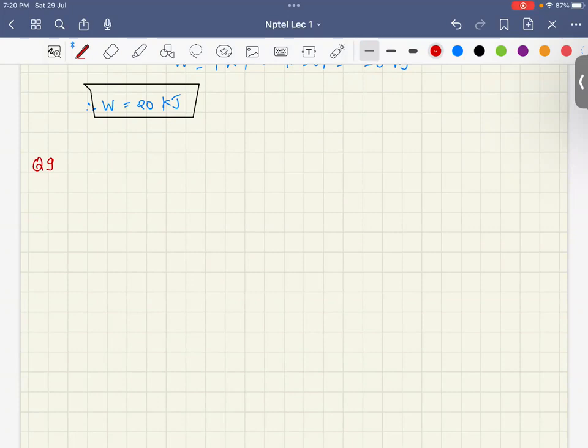So the next question is on similar lines.